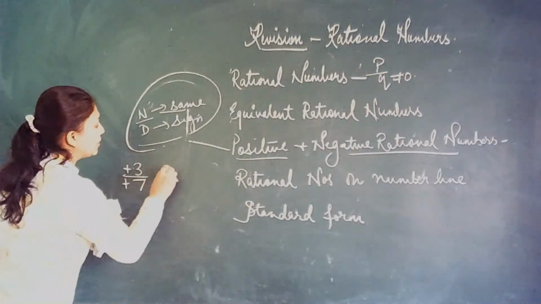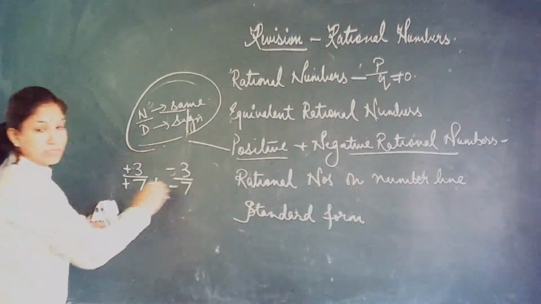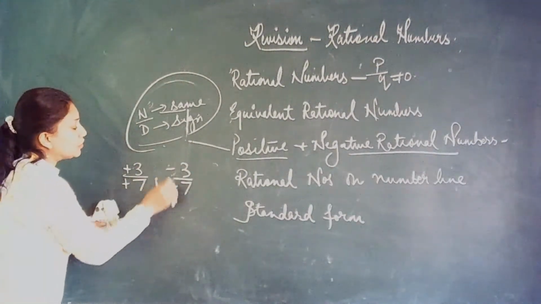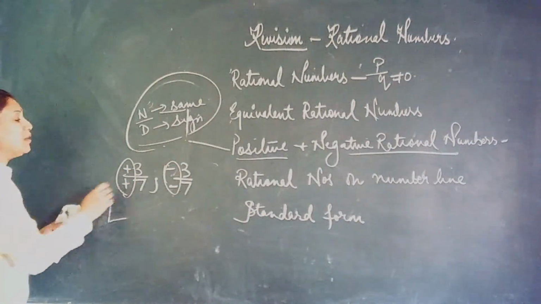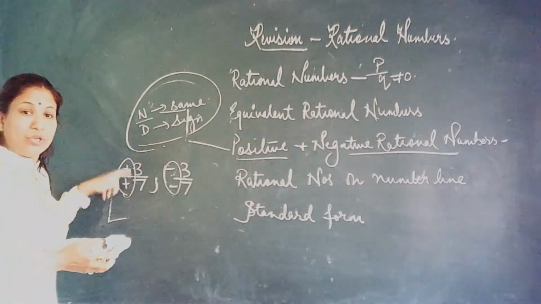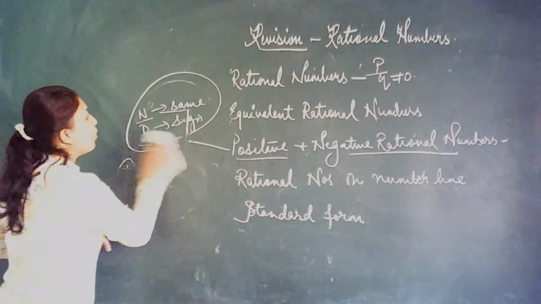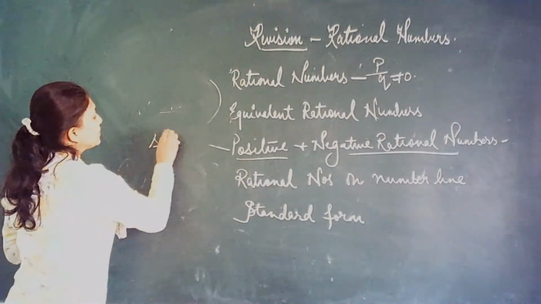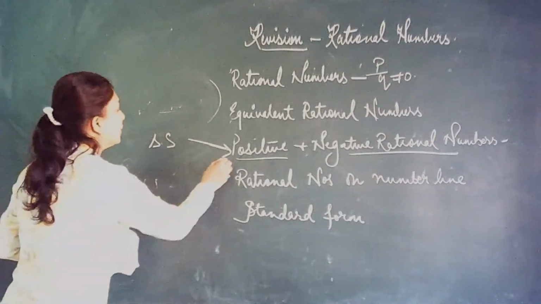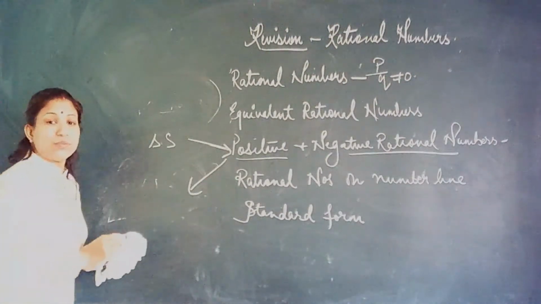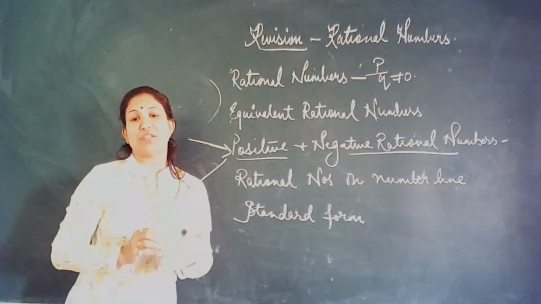Or when I say minus 3 upon minus 7, here also both the numbers have the same sign. So when your P and Q, numerator and denominator, both have the same sign, it is your positive rational number. Whereas the opposite will be a negative rational number.